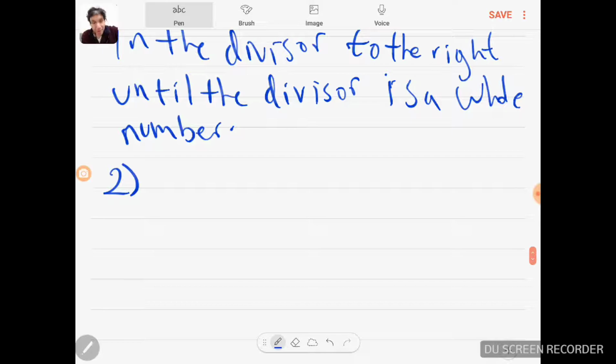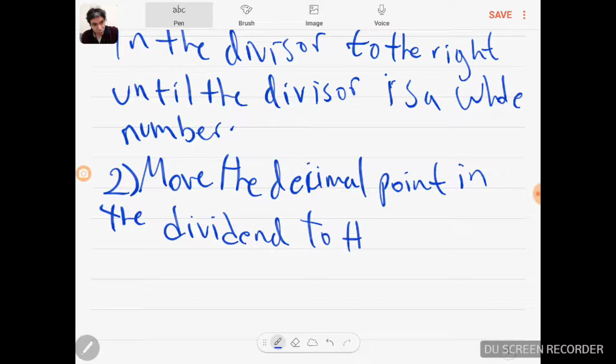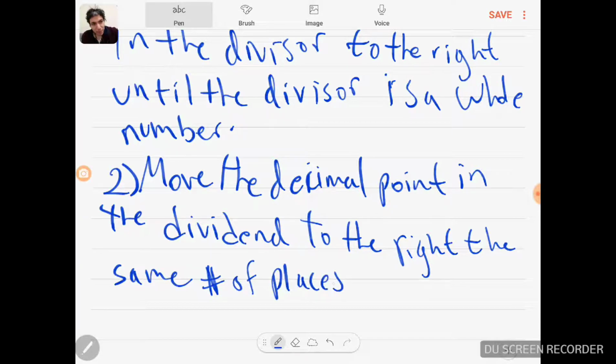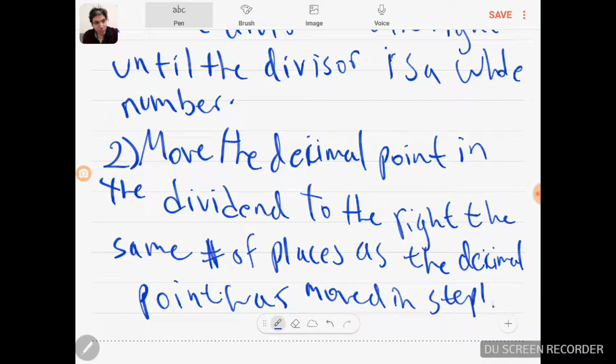The second step, then: move the decimal point in the dividend to the right the same number of places as the decimal point was moved in step 1.